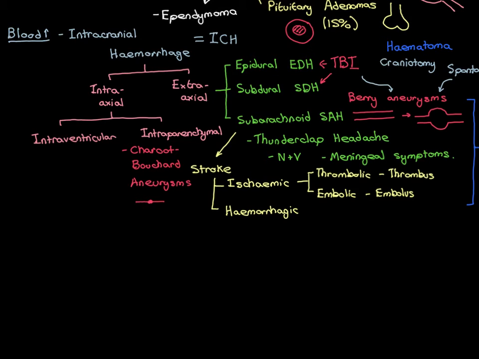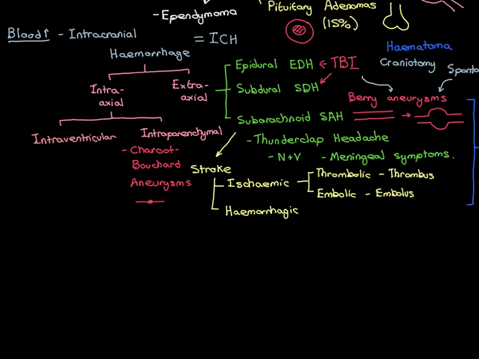And of course, when it ruptures, it's going to lead to blood accumulating in the surrounding tissue, so you'll get an intraparenchymal hemorrhage, and indeed that might form a mass that we can call an intraparenchymal hematoma, so you can get intra-axial hematomas as well as these examples of extra-axial hematomas that we've been discussing. So you can get a hematoma actually inside the brain parenchyma.